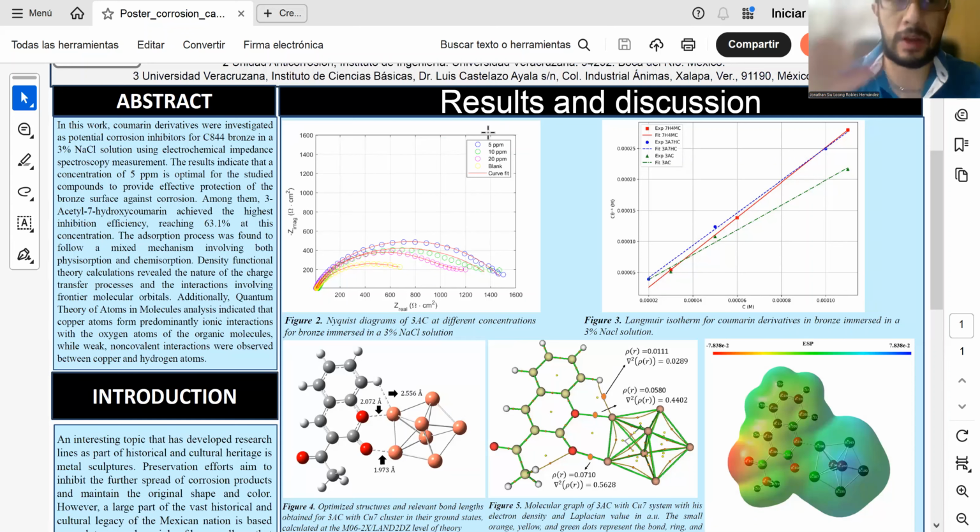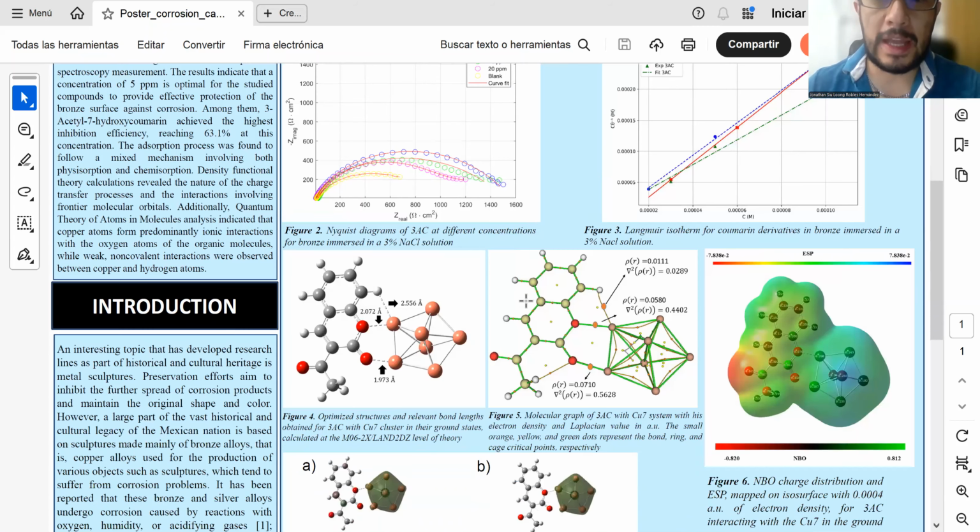This was obtained for the 3 compounds, so the best concentration to obtain inhibition efficiency is 5 ppm for all the organic compounds. In figure 3, we can see the Langmuir isotherm for the coumarin derivatives, and well, we obtained this to do the thermodynamical analysis.